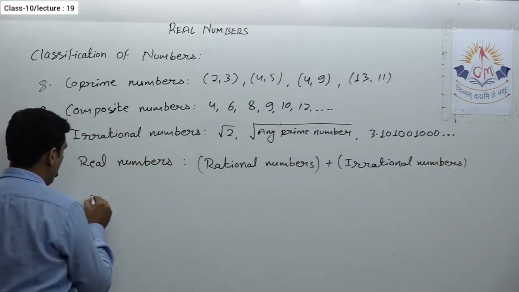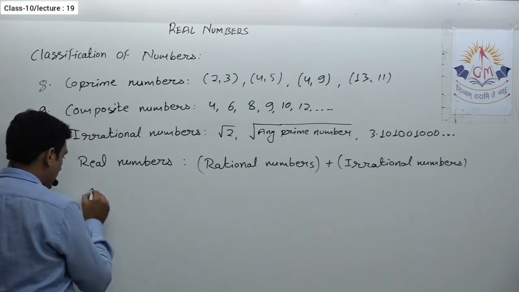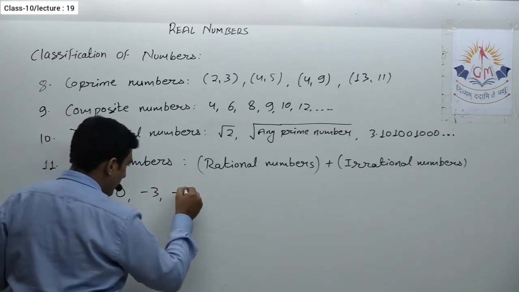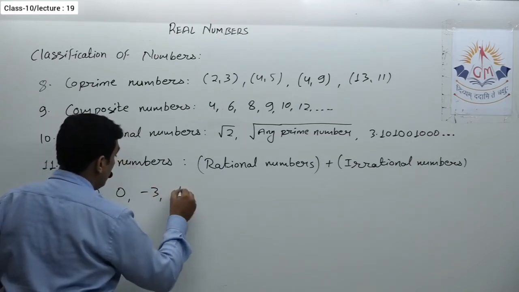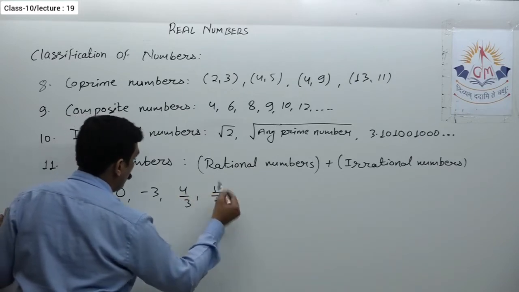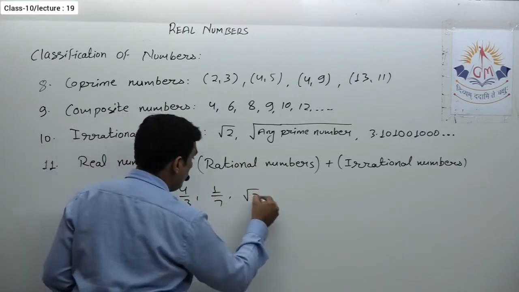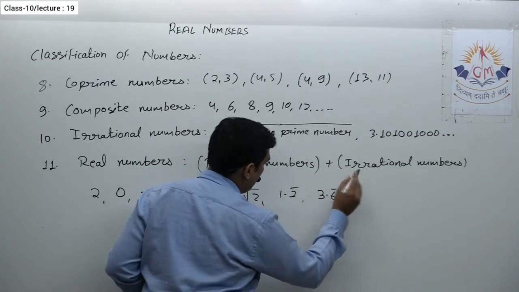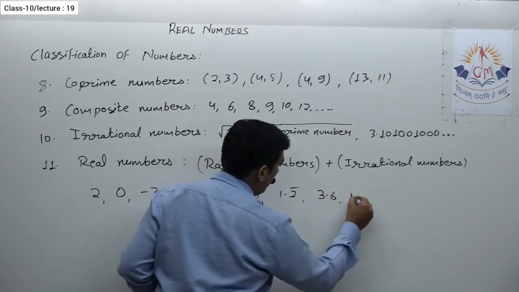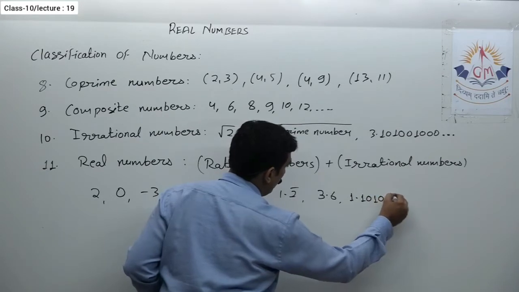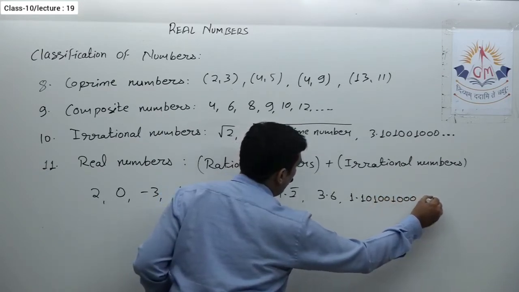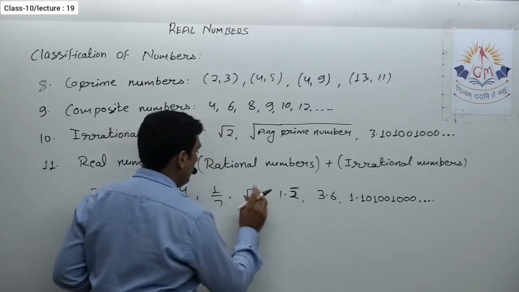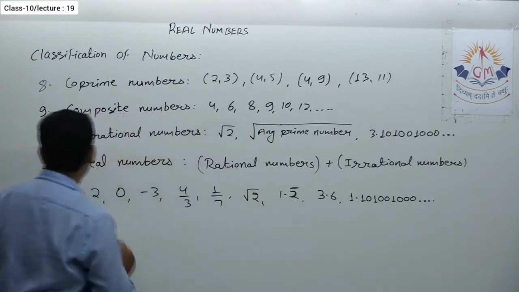In short, if we talk about examples, it might be a natural number, so 2, it might be a whole number, it might be a negative number, it might be a positive number. Then 4 upon 3, 1 upon 7, root 2, 1.2 bar, 3.6, 1.101001000 and so on. All these are examples of real numbers. I hope this is clear to you.